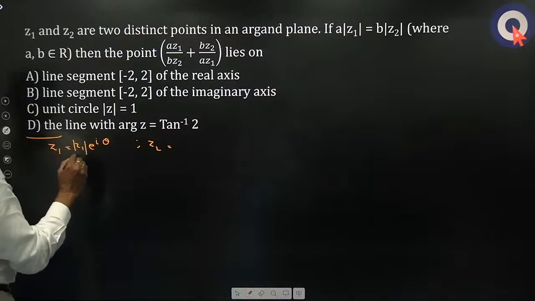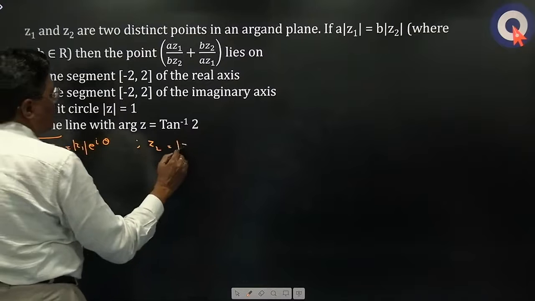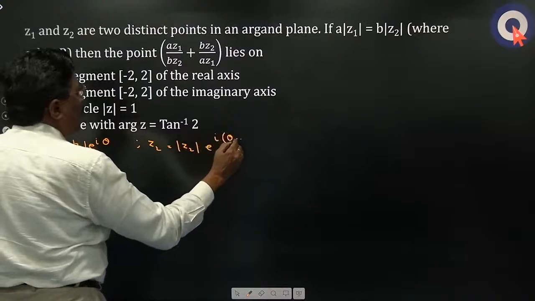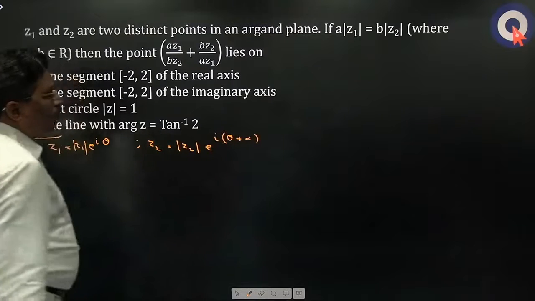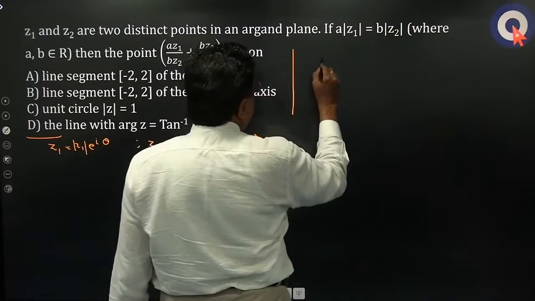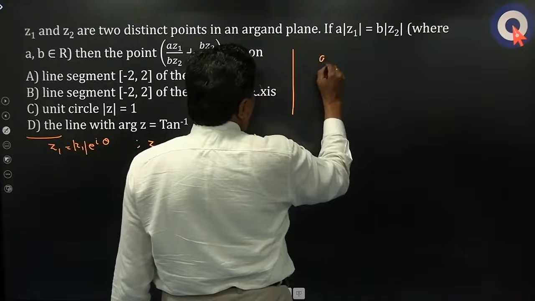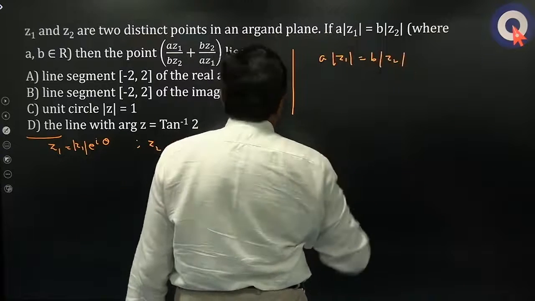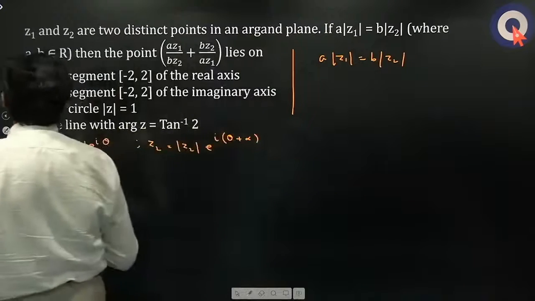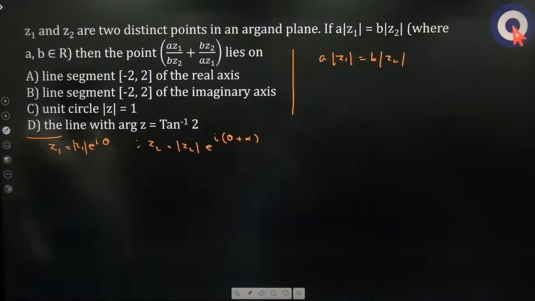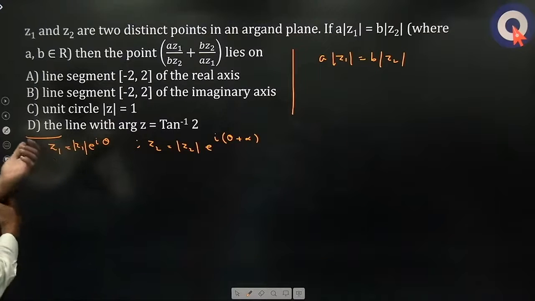Mod Z1 into e power i theta, and this is mod Z2 into e to the power of i theta plus alpha. Because you see here, it is given A mod Z1 is equal to B mod Z2. So we can consider Z1 is equal to mod Z1 e to the power of i theta, Z2 is equal to mod Z2 into e power i into theta plus alpha. Alright.